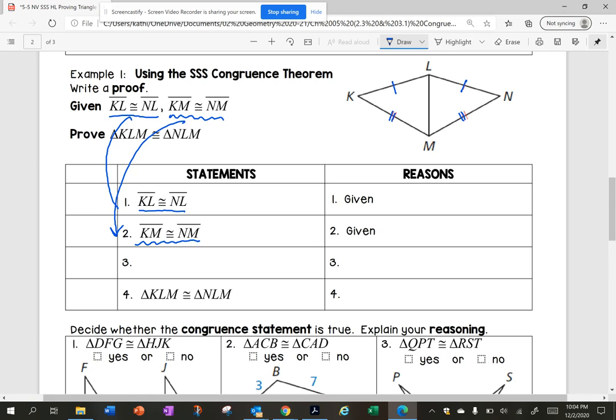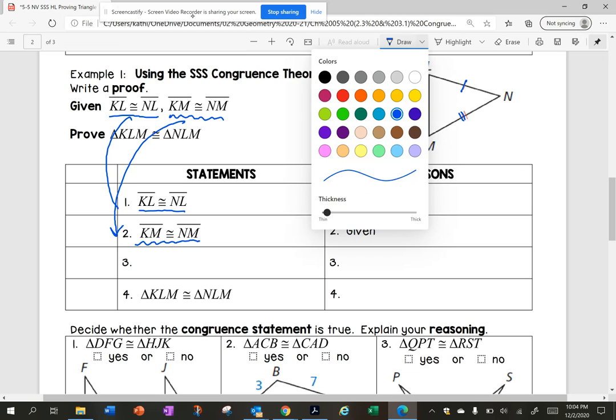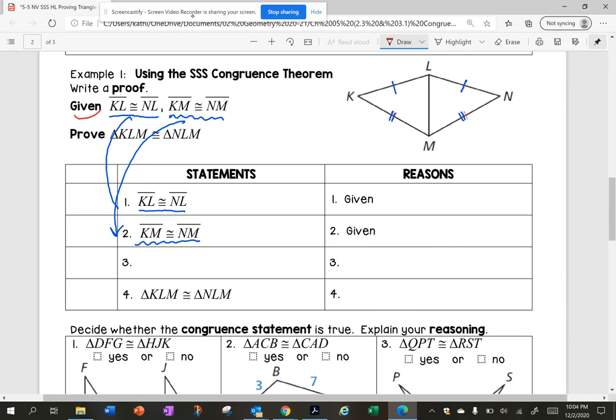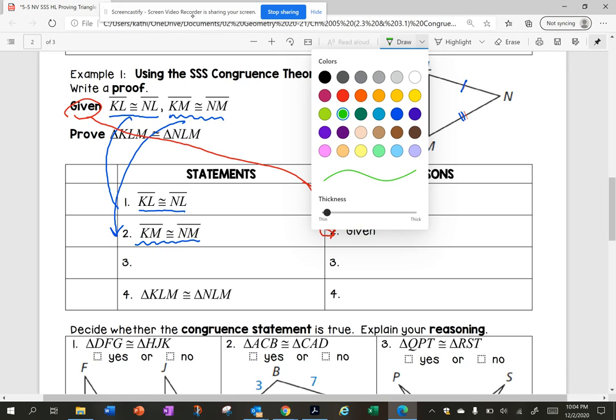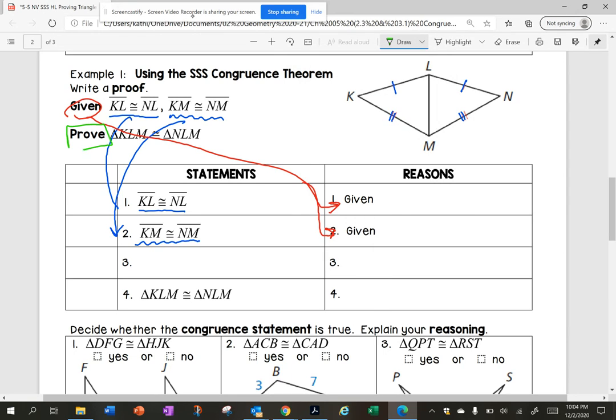And I list those in the statements. Next, I have given. So I put those as my reasons for the information that I'm starting with. And I am proving, this is what I'm doing, so I don't ever write that, but I'm trying to prove that these 2 triangles are congruent. So I put that as my last statement.